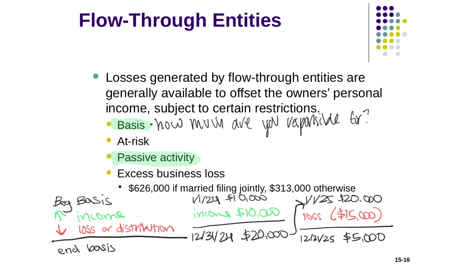An important thing to know about basis is a loss cannot cause a basis to become a negative number. So the lowest you can go is 0. So let's revise our 2025 example.